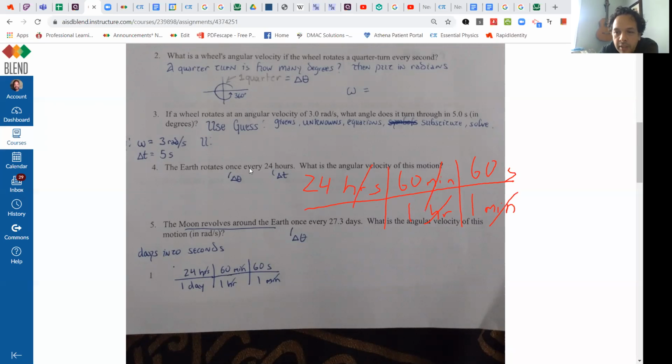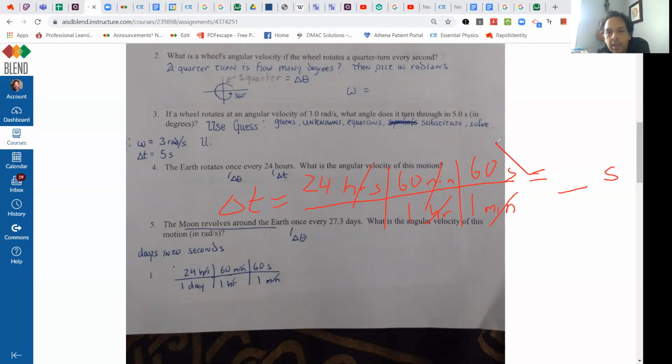So now our answer is in seconds. So you'd multiply across and divide by 1, and your answer will be in seconds. So you'll get some answer in seconds. That'll be your delta t.